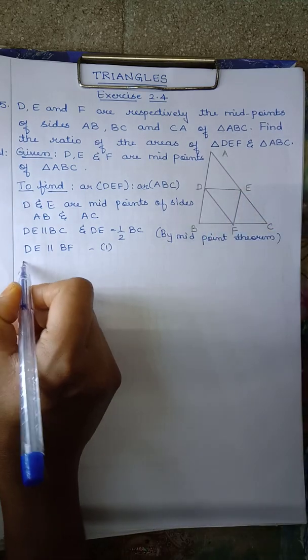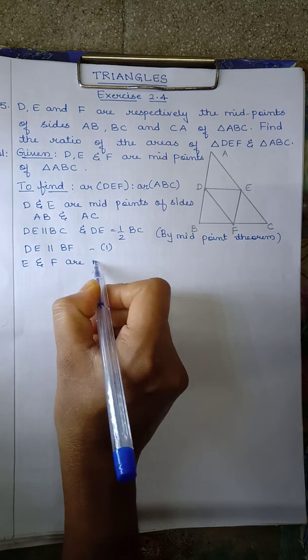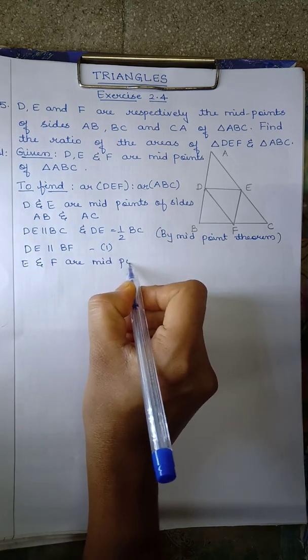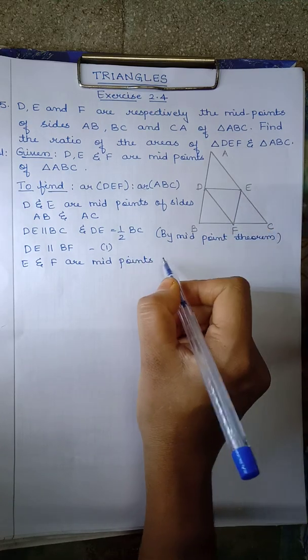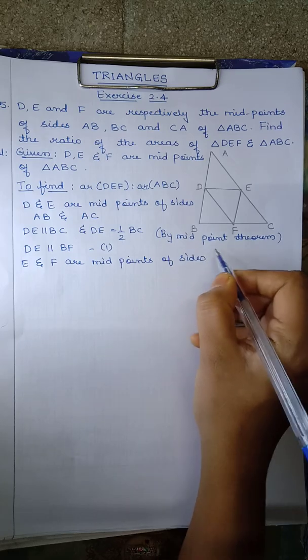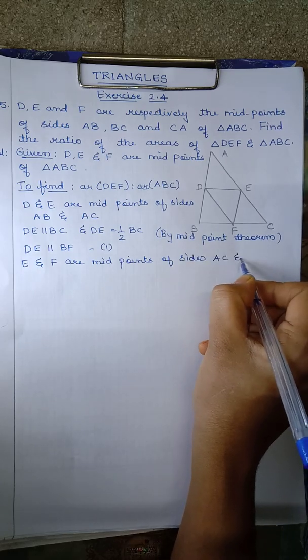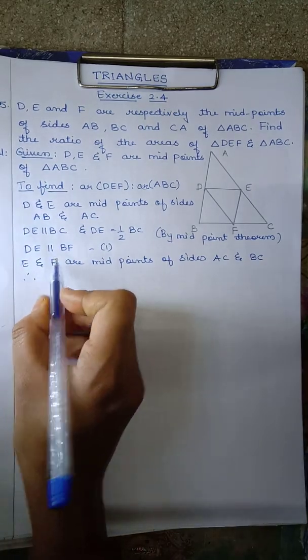Now E and F are midpoints of sides AC and BC.